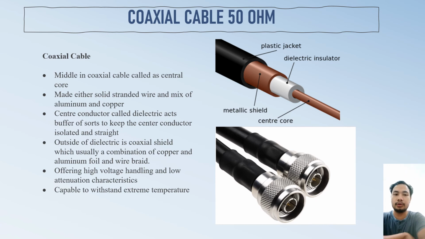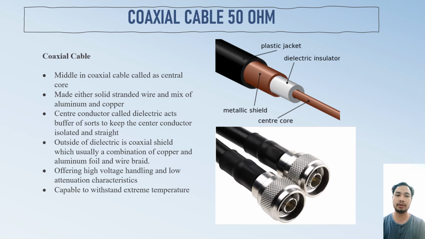And first, for coaxial cable, in the middle of the coaxial cable is a central core, made either of solid center wire or a mix of aluminum and copper. The dielectric acts as a buffer of sorts to keep the center conductor isolated and straight.